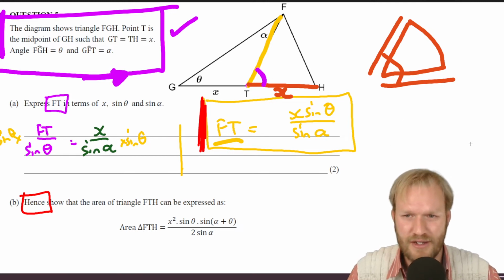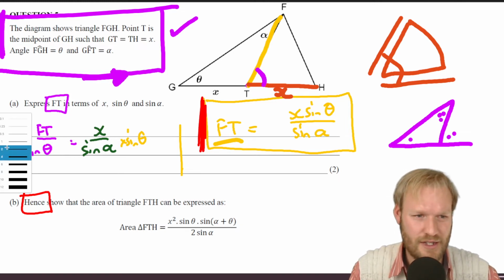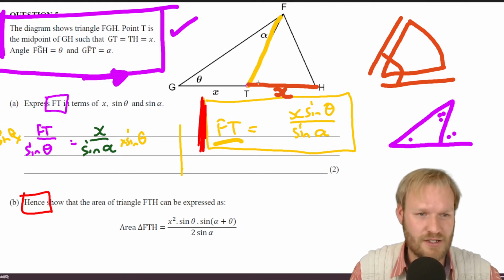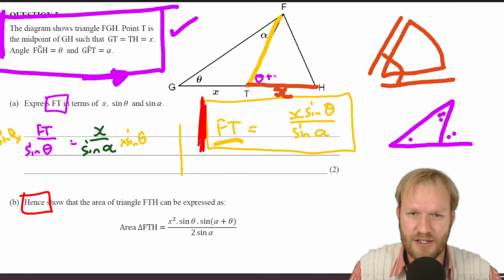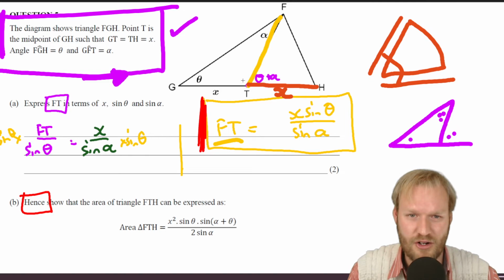Now, hint, exterior angle of a triangle says that this thing out here is this thing plus that one there. So this angle out here is just going to be theta plus alpha, just from the exterior angle of a triangle. You may have taken a longer route and found that using angles on a straight line.